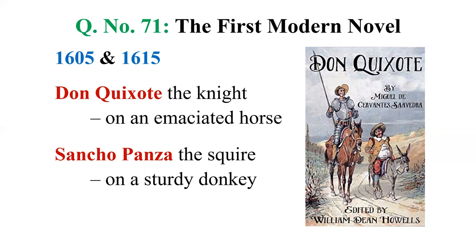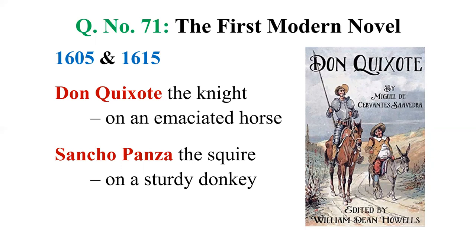And he goes on an adventure on an emaciated horse, a thin horse. Along with him, we have Sancho Panza, his neighbor, a farmer, who acts as his squire. And he travels on a sturdy donkey. Even the donkey has a name, Dapple, and the horse, Rosinante. And the adventures of these two people caught the imaginations of millions of people.